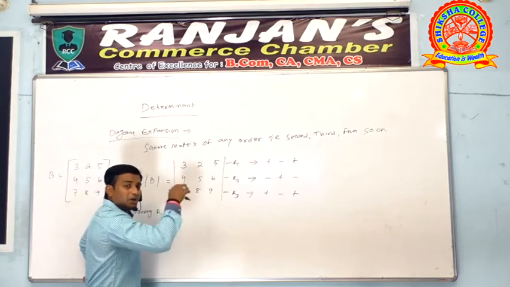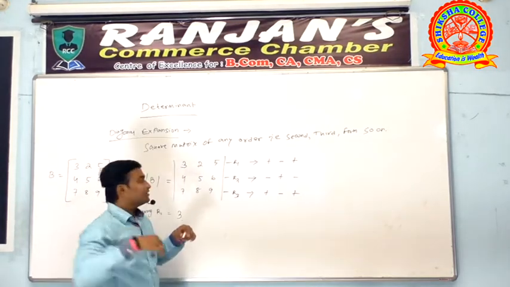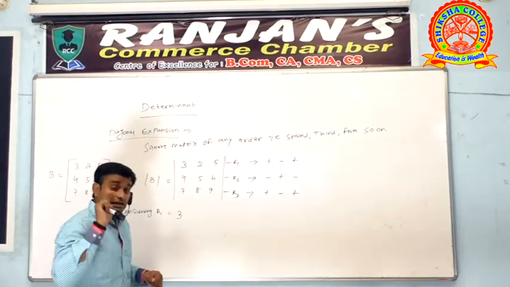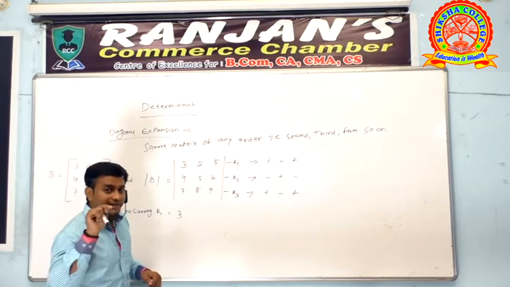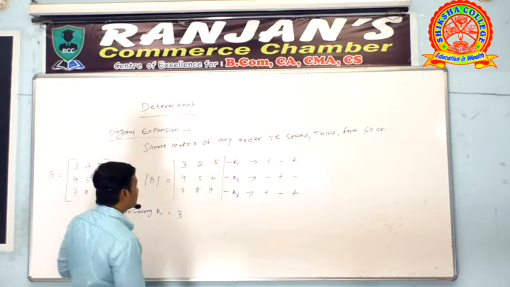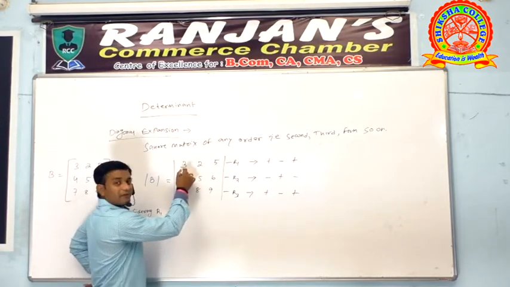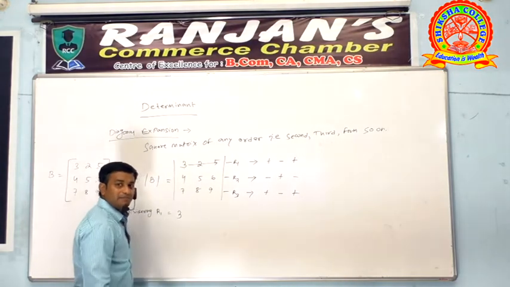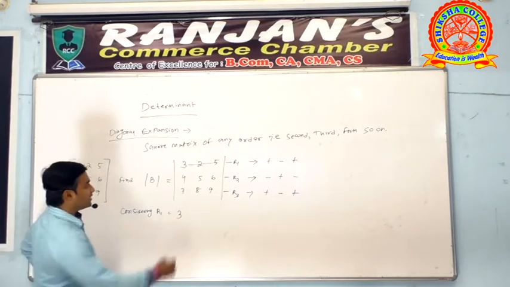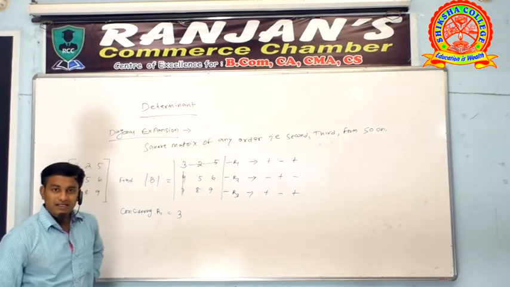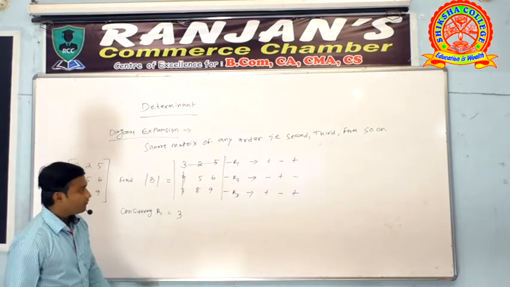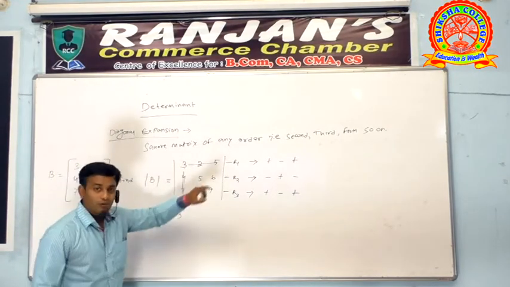We might think that nothing is there. What is not there? The row and column containing that element. So what is the row containing 3? This is the row containing 3. And what is the column containing 3? This. Clear? We ignore both the column and the row.